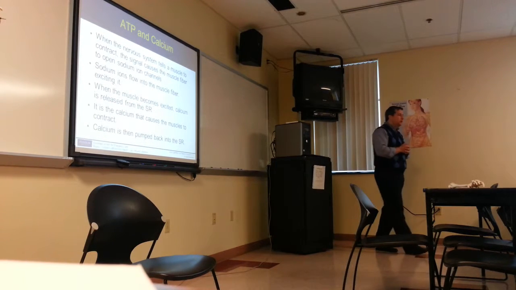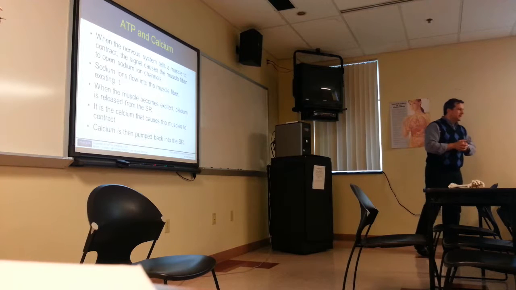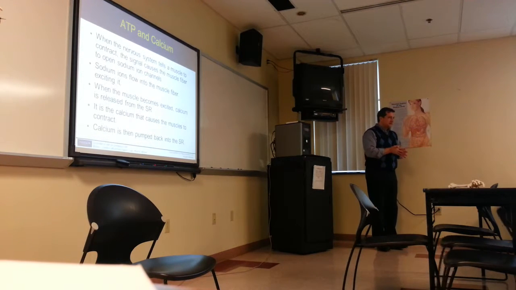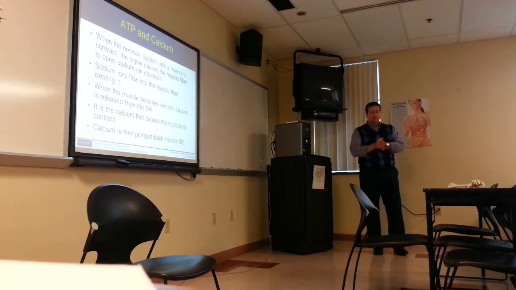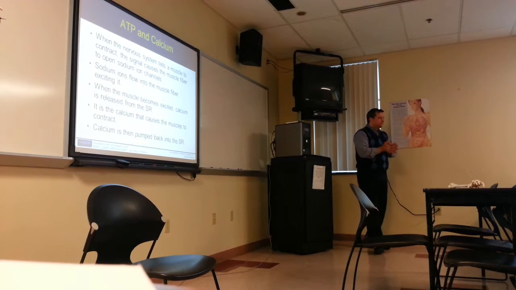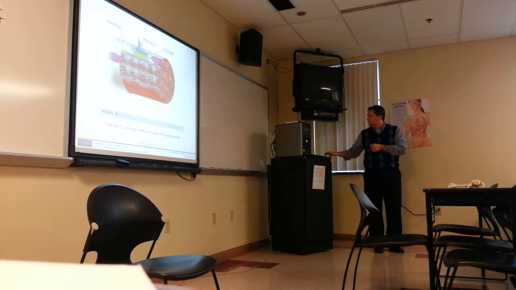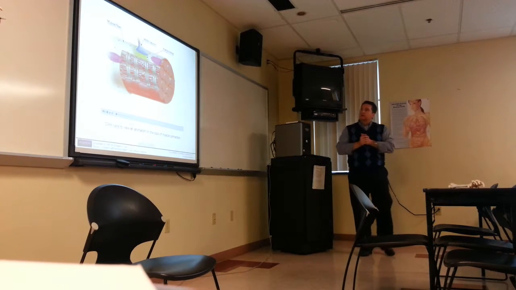So, how does a muscle know when to contract? It's got to get a signal from someplace. Nervous system. A nerve is going to tell a muscle to contract. So here's what happens.